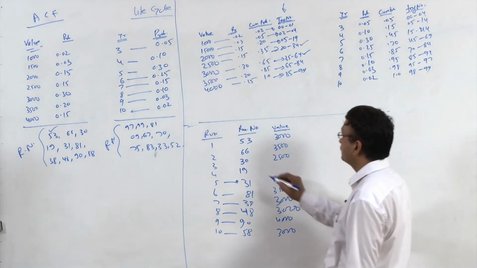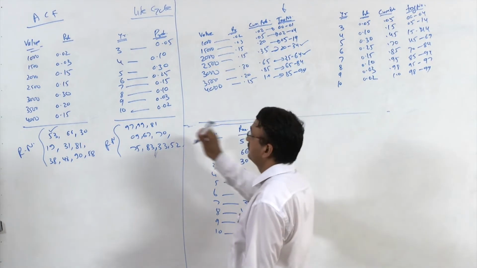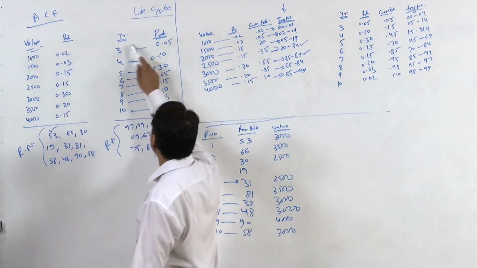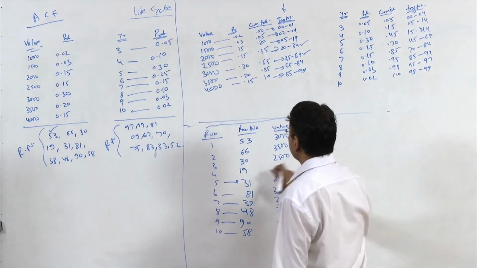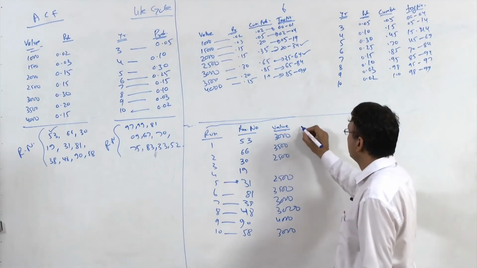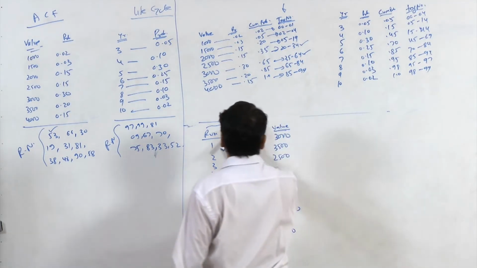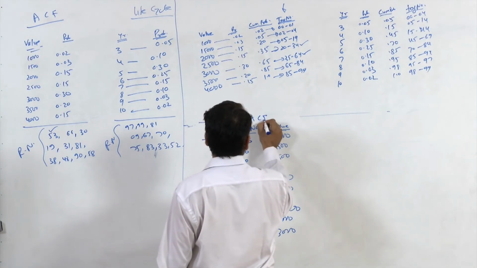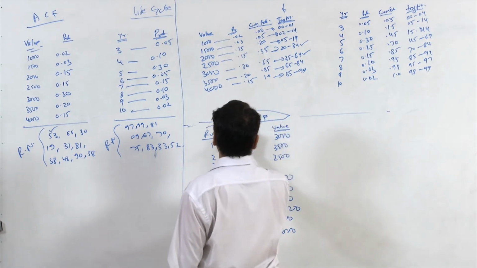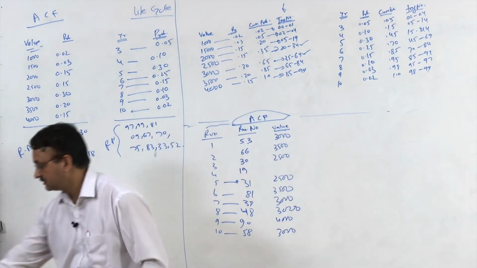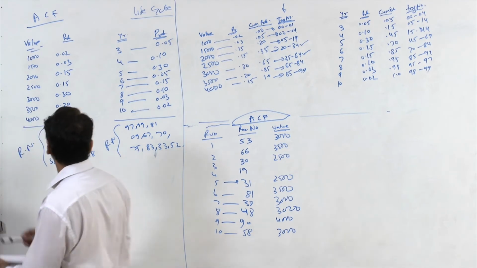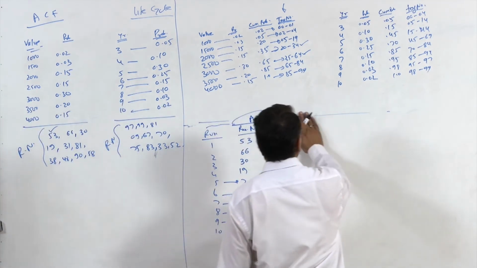Now this we have done for ACF. Now let us do it for life cycle. So this is for ACF. Let us do it for life cycle. I will use a different color pen.